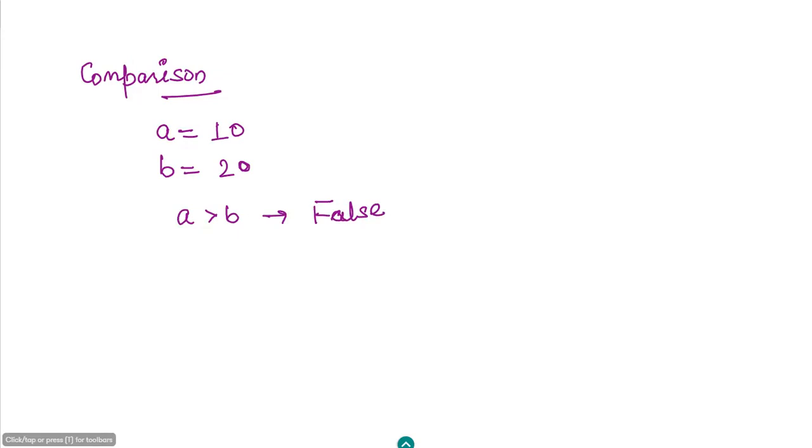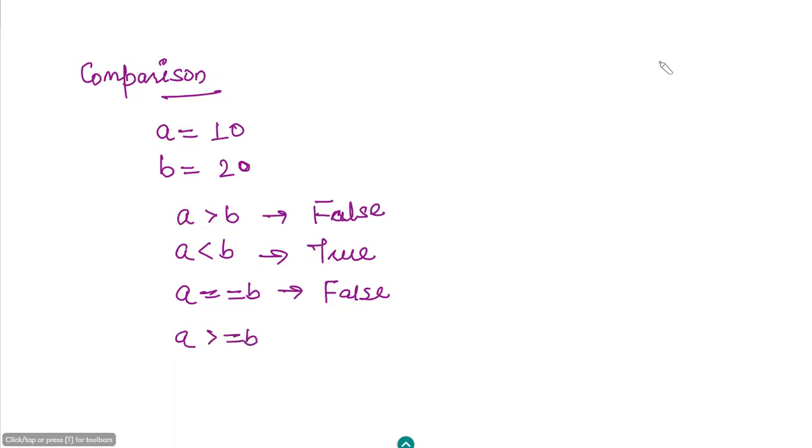So we just compare the values to make some relationship. If I write A is less than B, it will return true. If I write A equal to B, it will return false. Then A is greater than or equal to B, this expression will still give false.